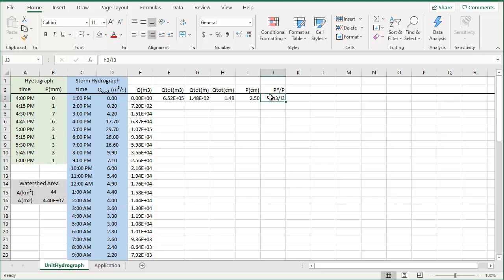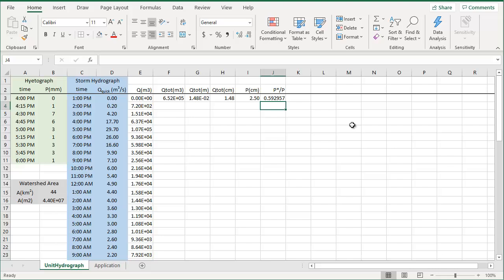Oops, I think I need an equal sign there. So equals H3 divided by I3, and I get a little less than 60% of the total precipitation turns out to be effective precipitation. So it doesn't infiltrate, it goes quickly into the stream and then rushes down to the mainstream, and that's what I'm measuring as the storm hydrograph.